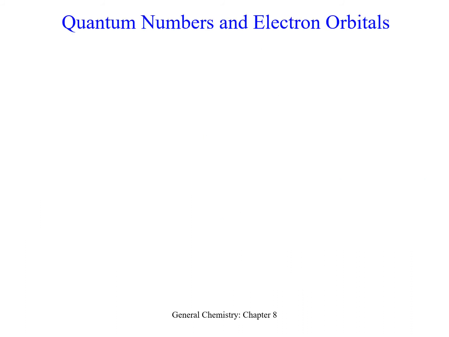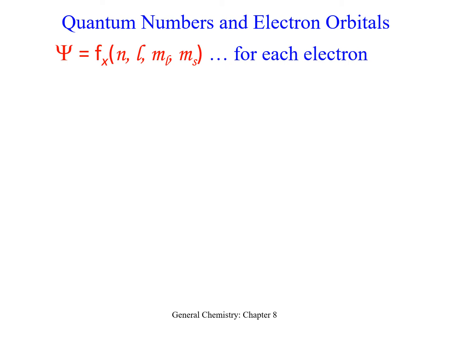And so quantum numbers and electron orbitals. So if we look at the Schrodinger wave equation for each electron, this is important. Now we're beginning to describe what the spatial domains of an electron around a nucleus are in the entire atom. Okay, and Schrodinger's wave equation says energy, shape, orientation, and spin.